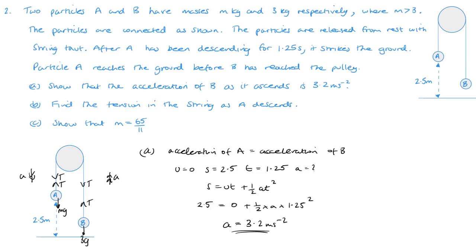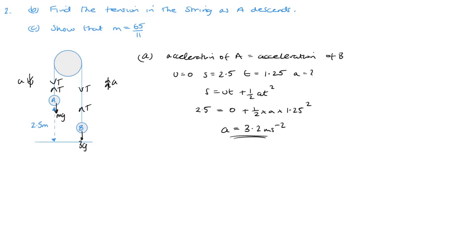Okay, so now we're on to B. Find the tension in the string as A descends. So, as A descends, we need to look at B because we don't know the mass of A. So for B we're going to resolve vertically upwards, and F equals ma.